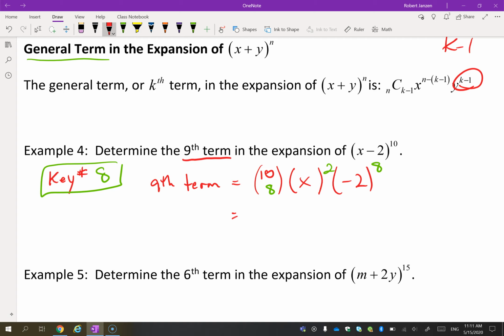So 10 choose 8. So I get 45x^2, and 2 to the power 8 is 256. So I can multiply that by 45. So I get 11,520x^2.